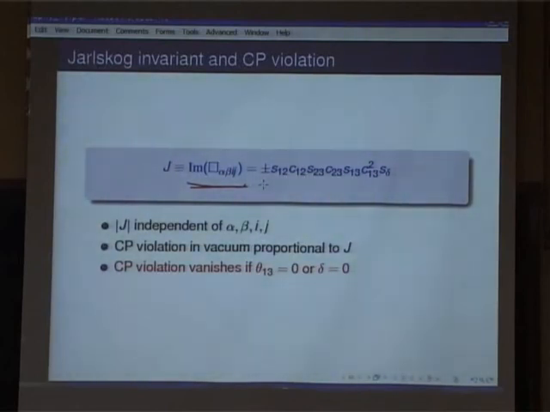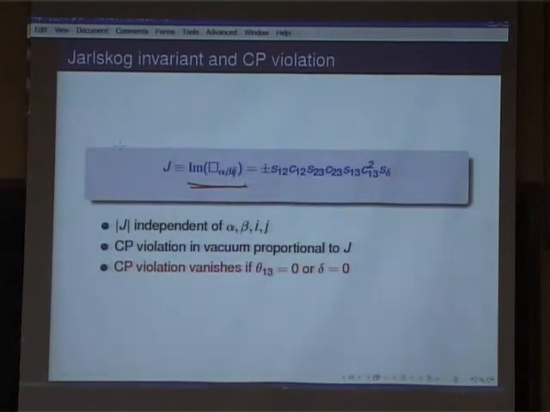What you will find is that that quantity will always be equal to this: sine 1 2 times cosine 1 2 times sine 1 3 times cosine squared 1 3 times sine 2 3 times cosine 2 3 times sine delta. So whatever you do, whichever bracket you choose, the imaginary part is always constant. This can come with a plus or minus sign.